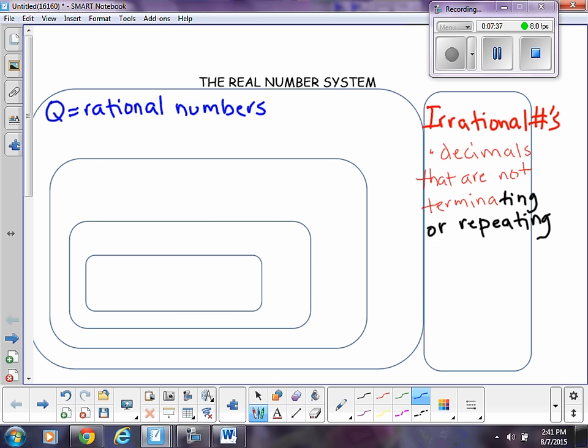So now, since this is the largest subset, you're going to see that the largest one includes all the other subsets, okay? That means it's going to include the integers, the whole numbers, and it's also going to include the natural numbers. So the next subset is integers, and the symbol we use for integers is Z.